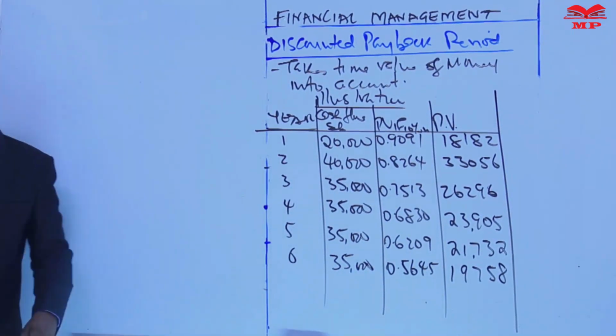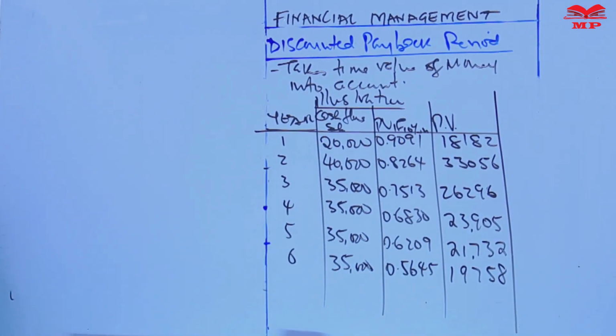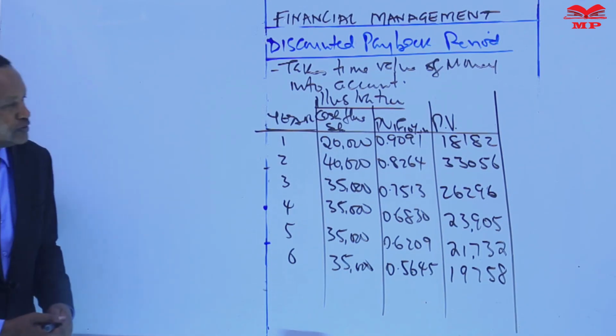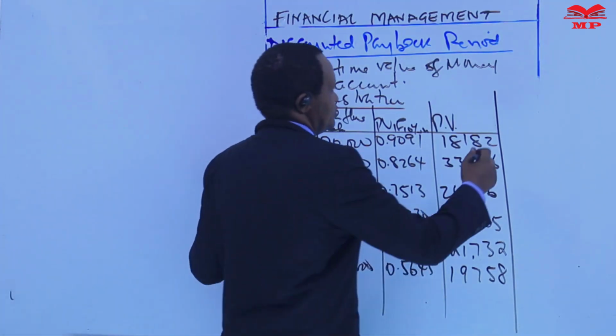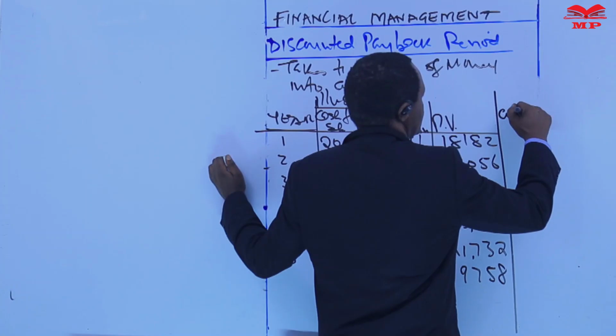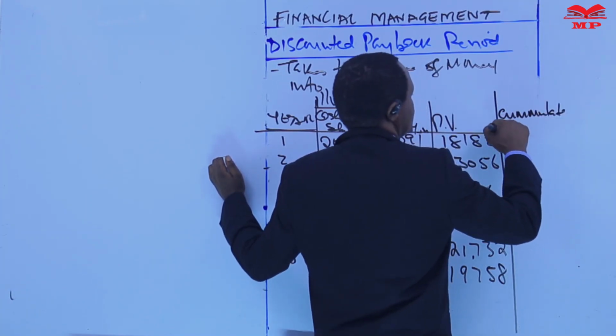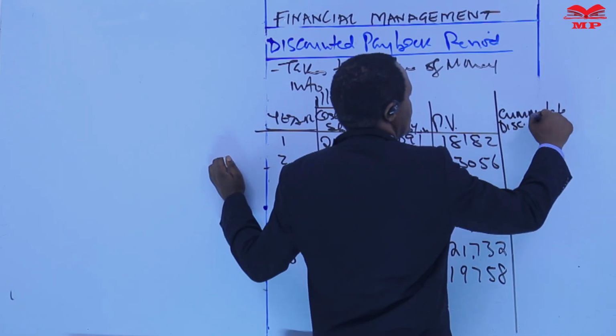Confirm. Is that accurate? Can we proceed to accumulate the discounted cash flows?